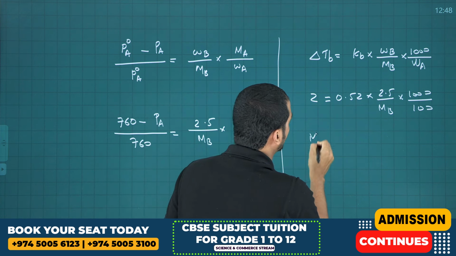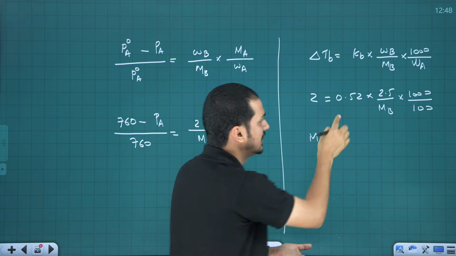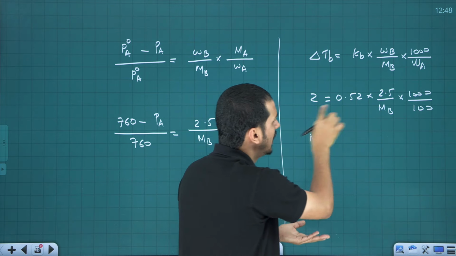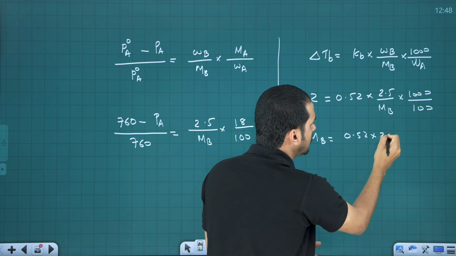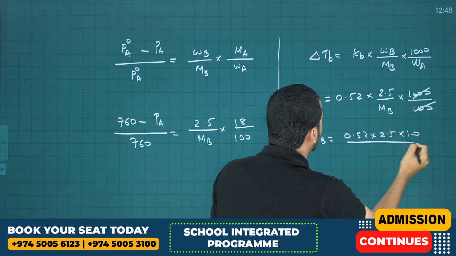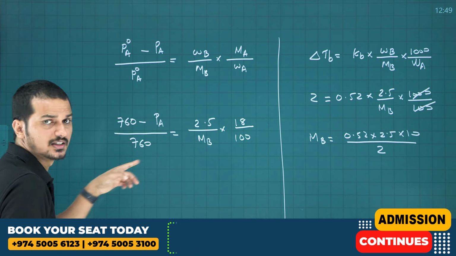MB is equal to 0.52 into 2.5, this will get cancelled, into 10 will be there, divided by 2 will be there, that I will take to here.